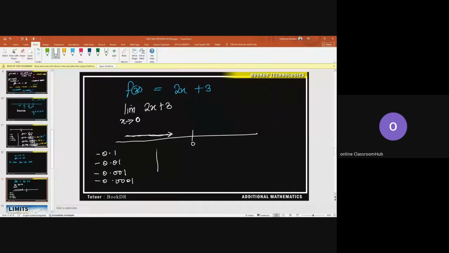And then, which of them is closer to the 0? I have selected 4 numbers. Which one is closer to the 0? The last one. Very good. So I've arranged them in such a way that we are gradually moving from negative 0.1 gradually towards the 0. We want to see the behavior. So this is the left-hand side.